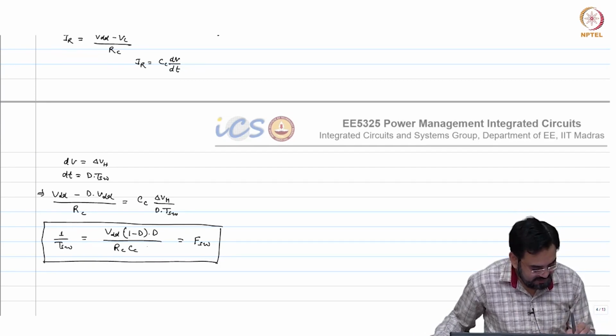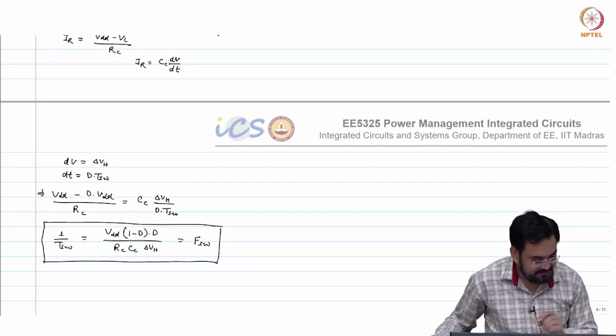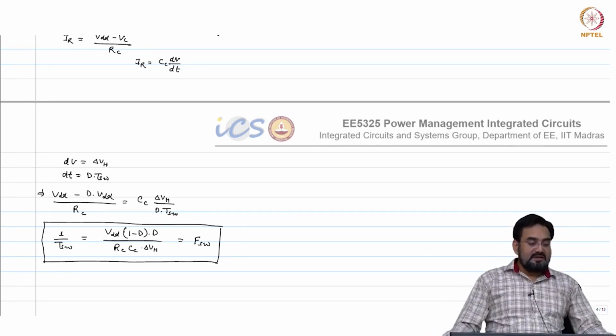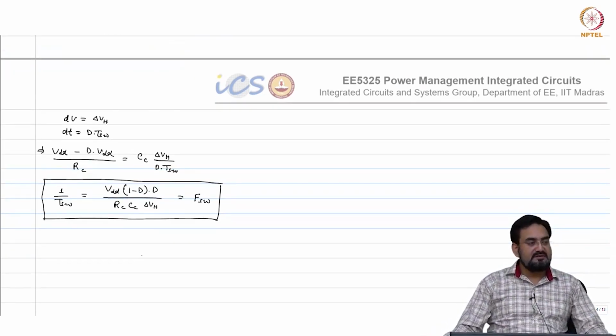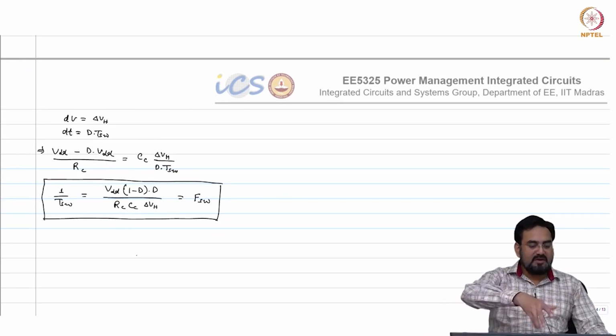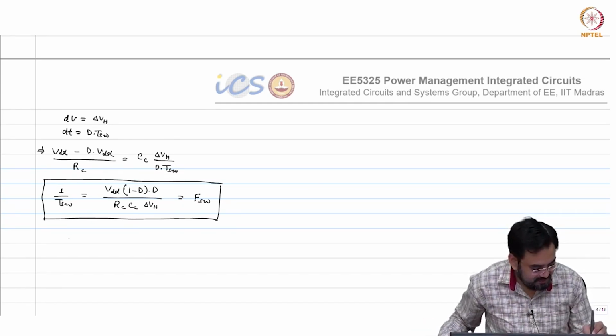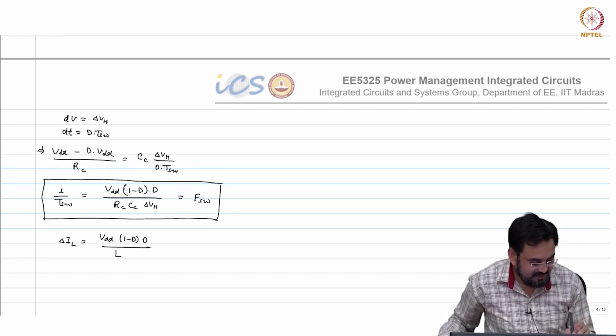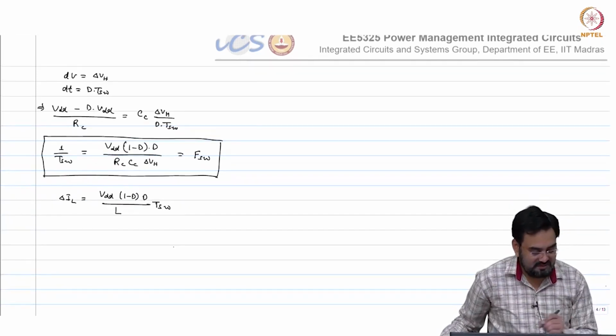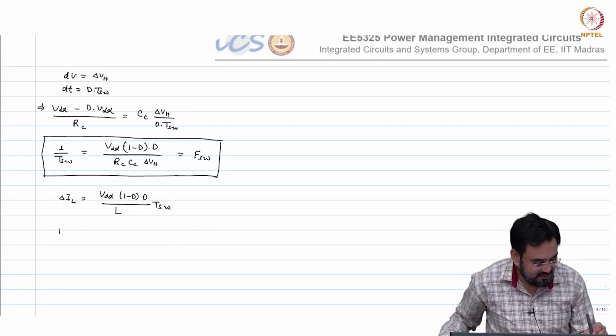There is one more component, delta VH. What was the equation for the inductor? Let us say I want to write in terms of current. So, what is delta IL? Inductor current is VDD 1 minus D over L into TSW. This is what you have. So, what will be the FSW?